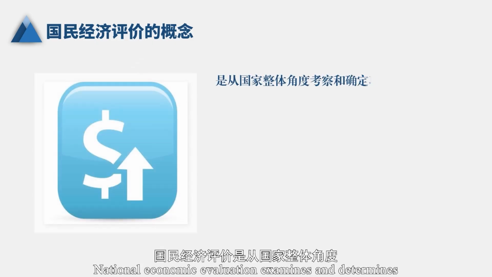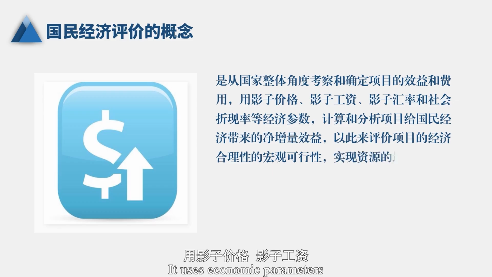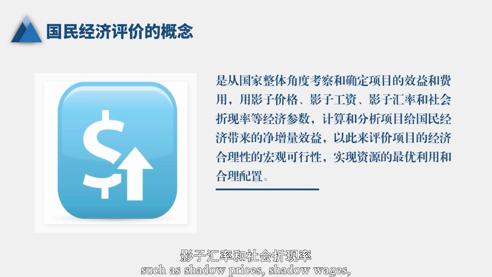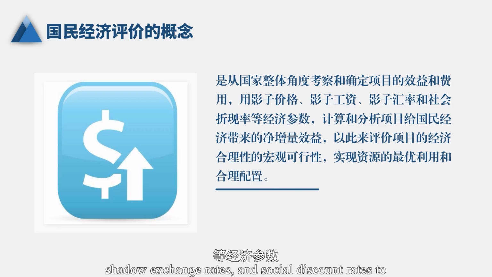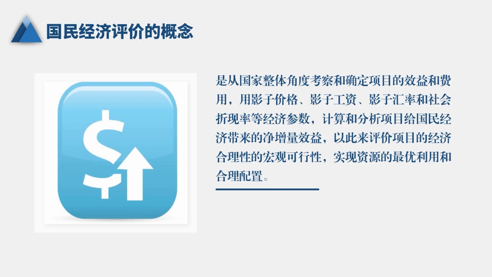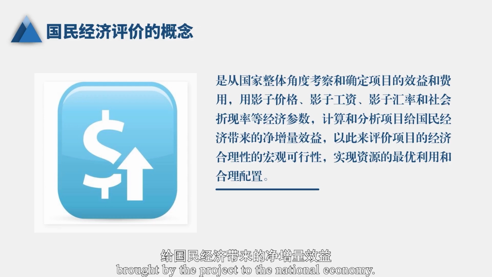National Economic Evaluation examines and determines the benefits and costs of a project from the national perspective. It uses economic parameters such as shadow prices, shadow wages, shadow exchange rates, and social discount rates to calculate and analyze the net incremental benefits brought by the project to the national economy.